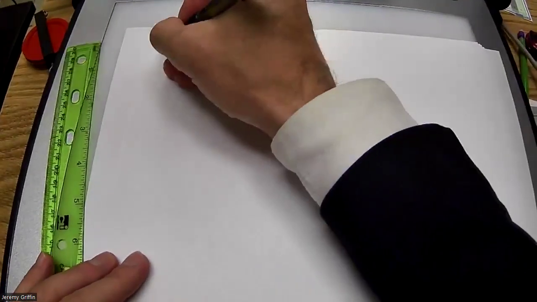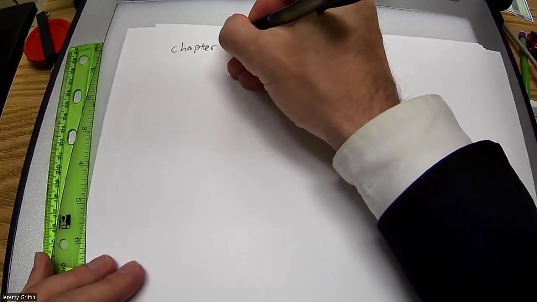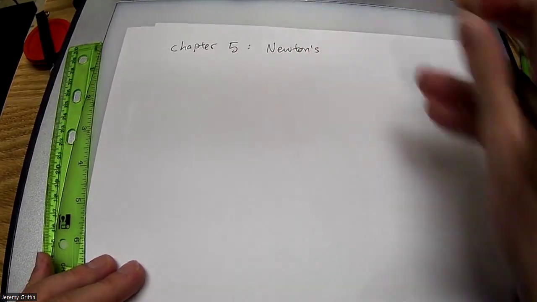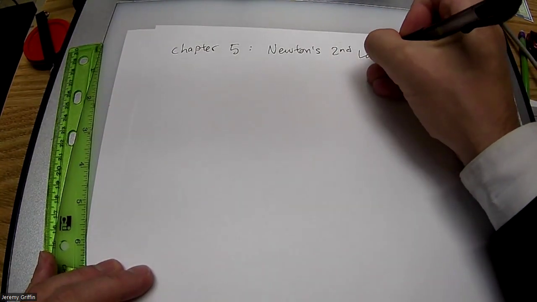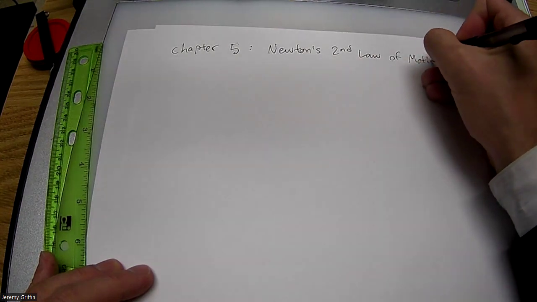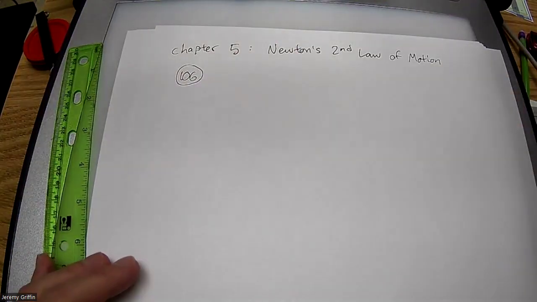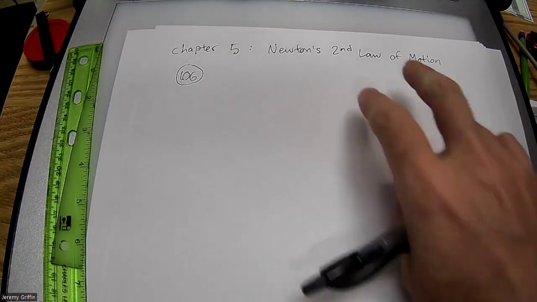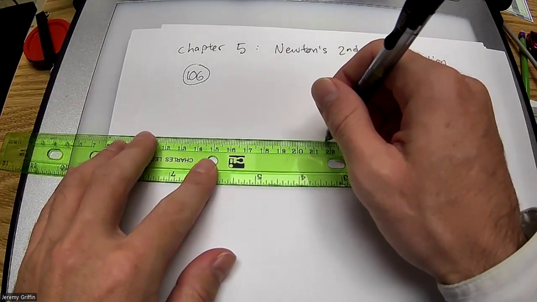Call this chapter 5, Newton's second law of motion. So 106. I think the first law is the law of inertia, the second law is F equals ma, the third law is equal and opposite. So these questions kind of correlate, sometimes not exactly. That's all right. We'll just answer the questions one at a time.